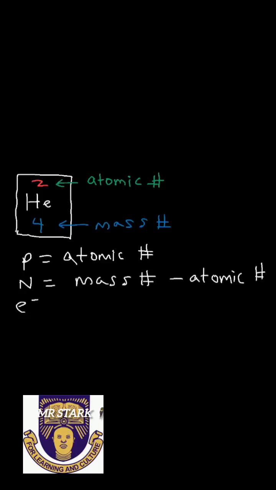And the number of electrons is equal to the atomic number minus the charge. So an atom, which is electrically neutral, which doesn't have a charge, has an equal number of protons and electrons. But ions differ in their number of electrons and protons. Ions have unequal amounts of protons and electrons.